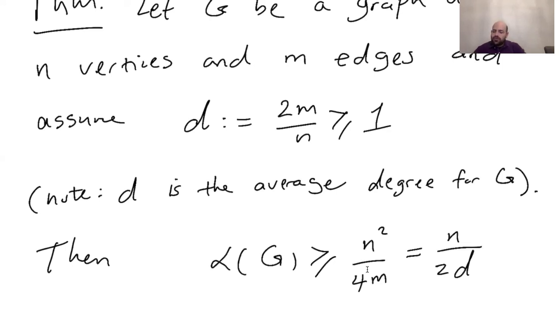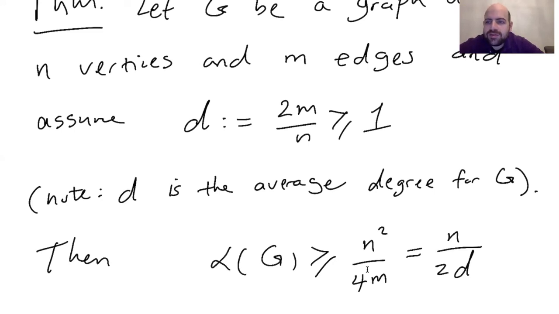Okay, before proving this theorem, let me give you some remarks. One is that, let's try to see whether this lower bound makes sense. Let's say you fix, for example, the number of edges, and you increase the number of vertices.